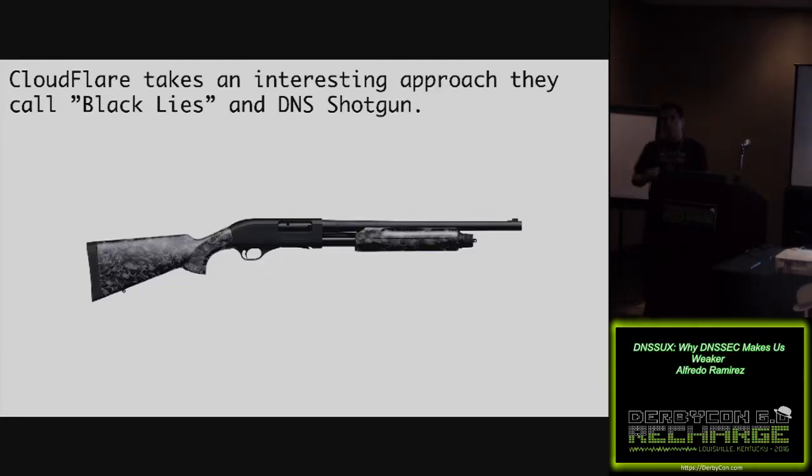So instead of having to do the expensive work of generating on the fly, or having to store signing keys on the name server itself, they're taking this other approach, which also results in much smaller responses. That seems to work for them, and it also fits into the specification of DNSSEC. They actually have a draft out for preventing zone walking via black lies, and they write some pretty interesting articles on how they handle DNS at scale.